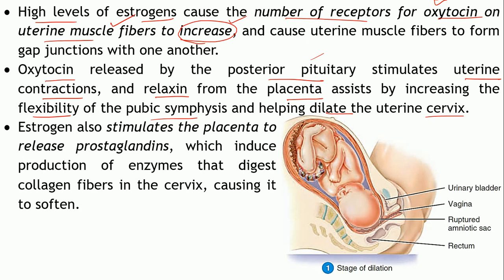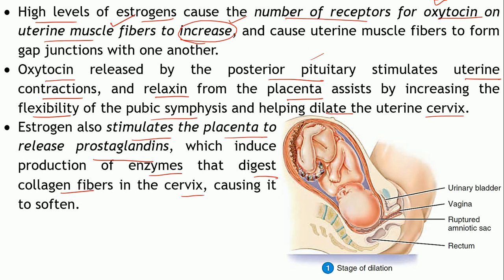Apart from that, estrogen also stimulates the placenta to release more and more prostaglandins. These prostaglandins induce the production of certain enzymes which digest the collagen fibers in the cervix. So this cervix, which was stiff, now accommodates the baby. What helps in dilatation of the cervix?